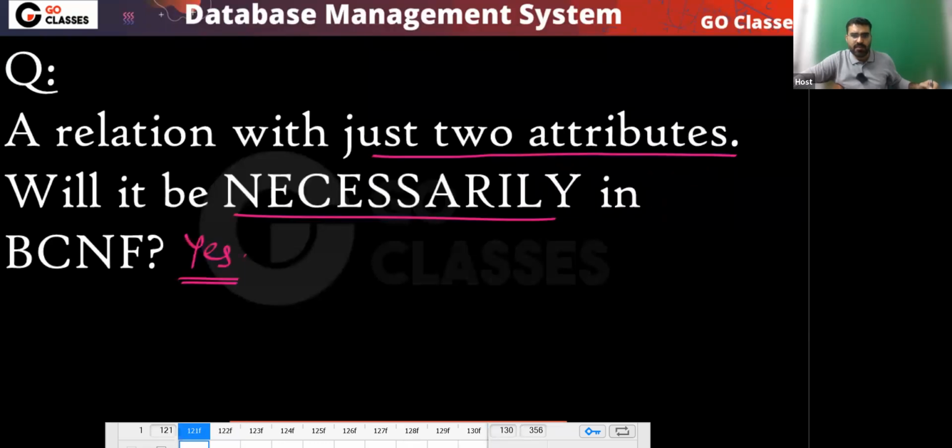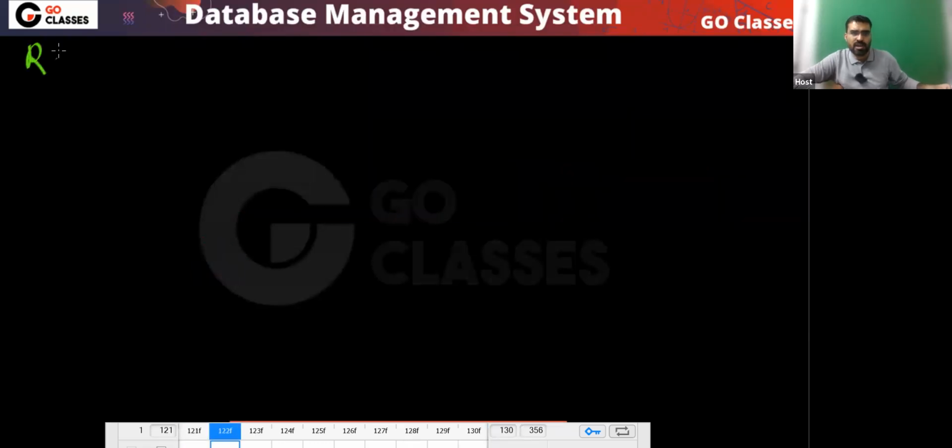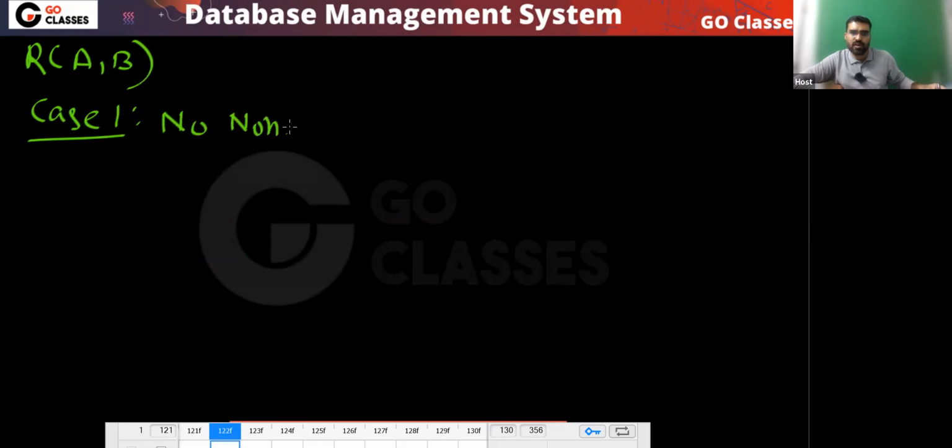If your relation has two attributes, for example A, B, then what are the possible scenarios? There are four cases. Case one is that there is no non-trivial FD.